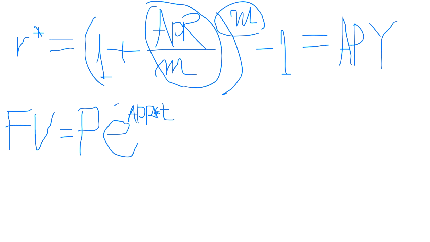So in this case, if you want to find the effective rate, all you need to do is simply e raised to r. This r means APR. You don't need T because 1 year is enough, right? Minus 1, okay? e raised to r minus 1.